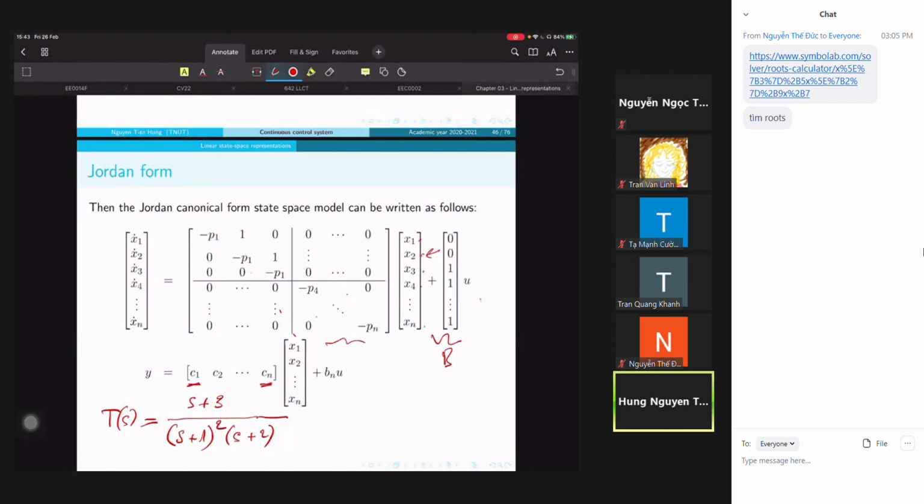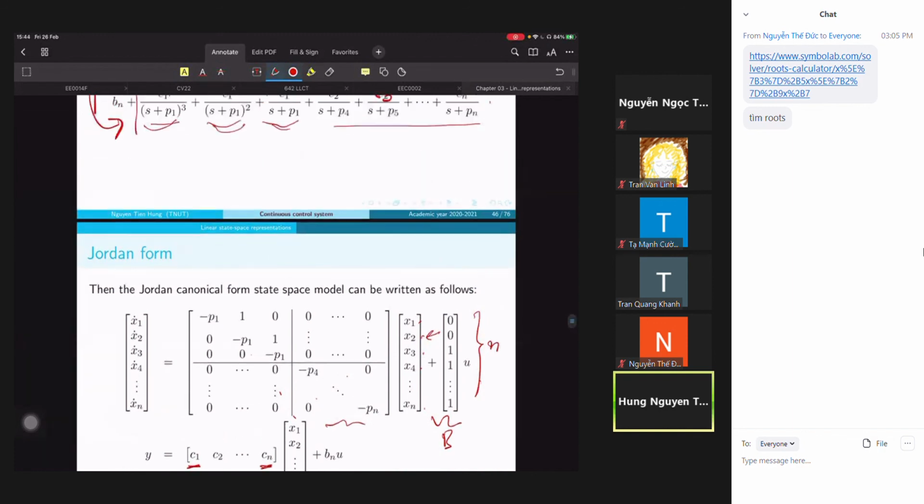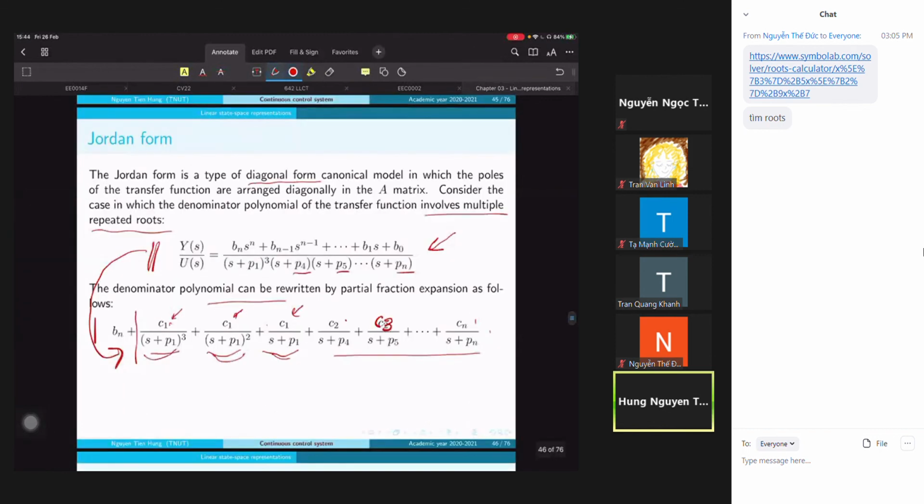So we have N of X, and also here we got the N of X. I think something should be changed, because if we use this form, it may not work.